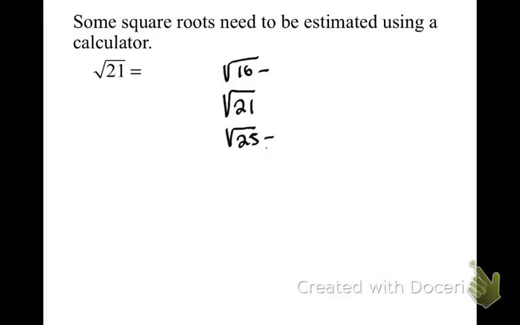Well, we know we have to always start with the lower number. What's the root of the lower number? It's 4. We know it's going to be 4 something. You with me? Except now, what she does is she finds a difference here. This is a difference for the numerator. So 21 minus 16.